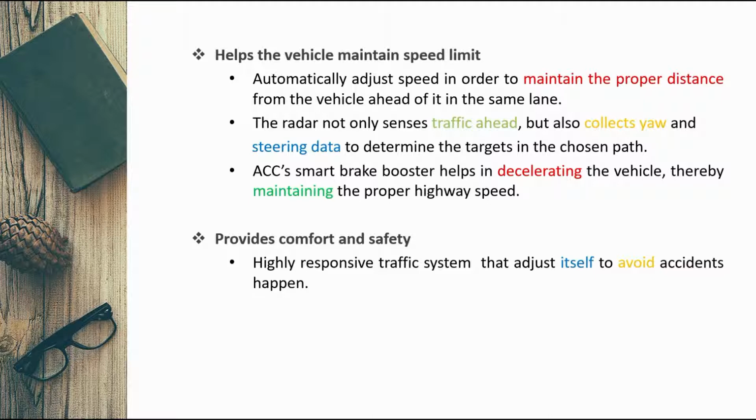The radar not only senses traffic ahead but also collects yaw and steering data to determine the target in the chosen path. And then the ACC Smart Brake Booster helps in decelerating the vehicle, thereby maintaining the proper highway speeds.